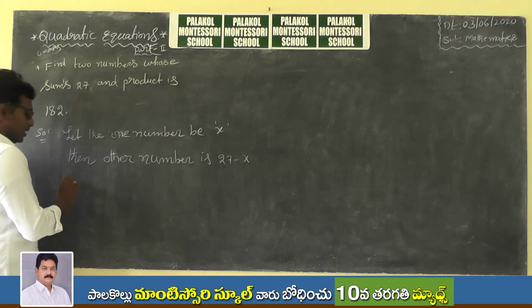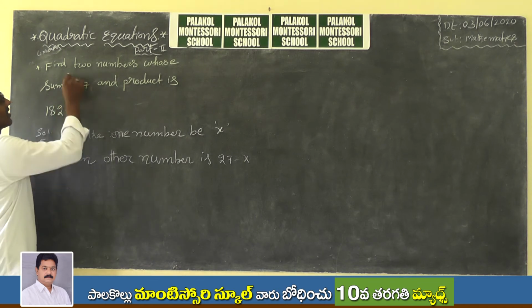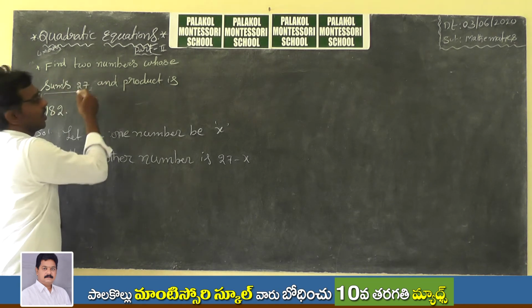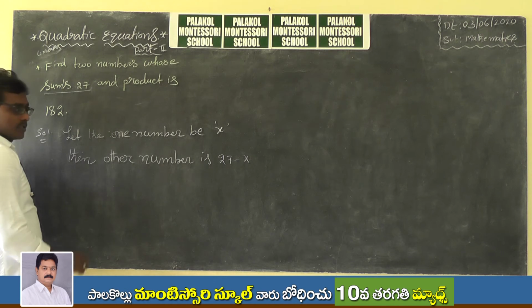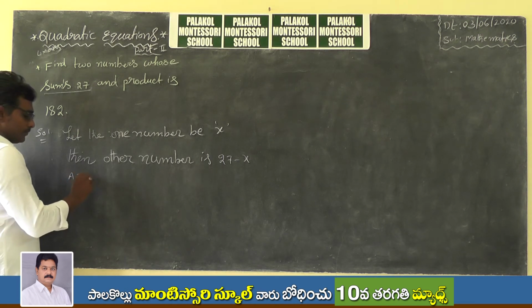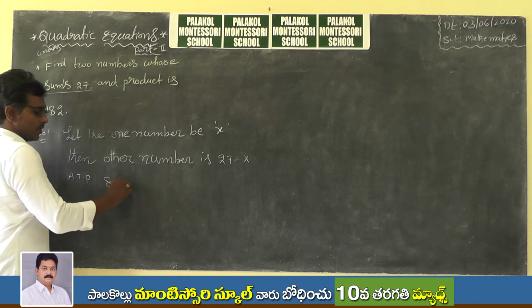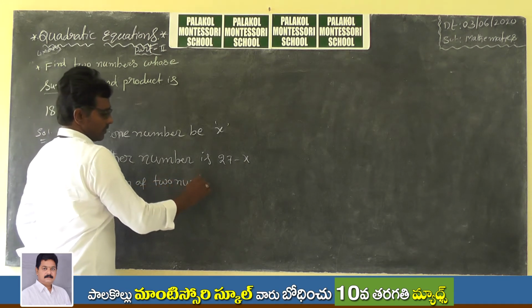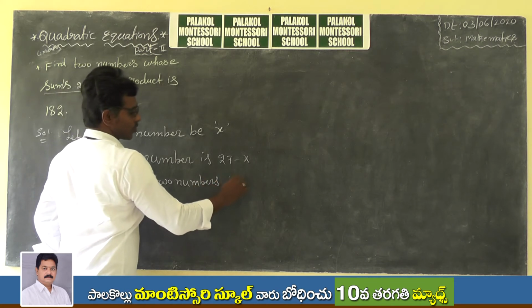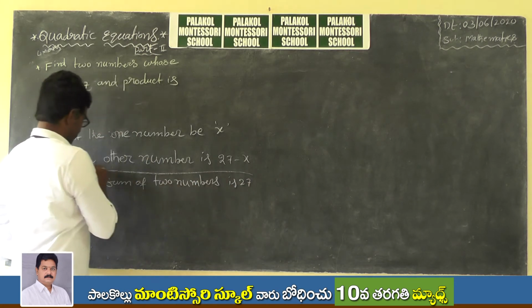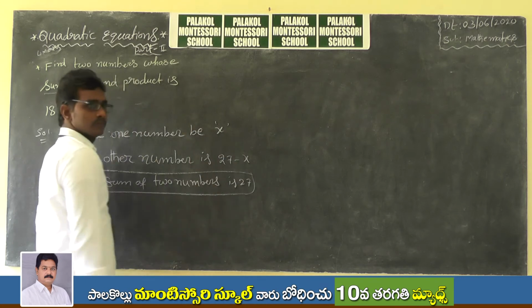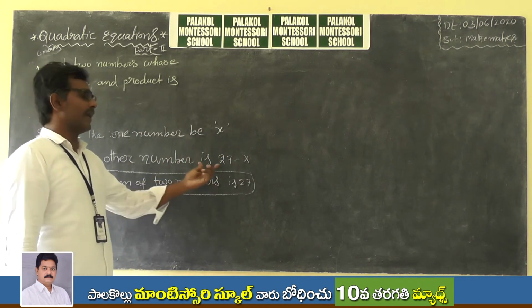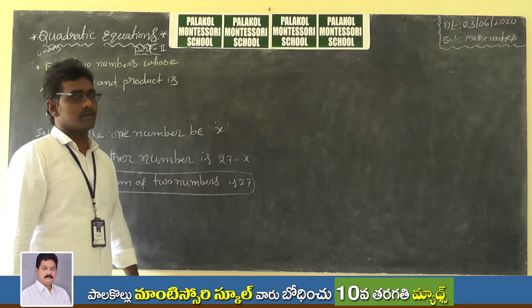Why? Because according to the problem, the sum of the two numbers is 27. That's why the other number you get is 27 minus x.